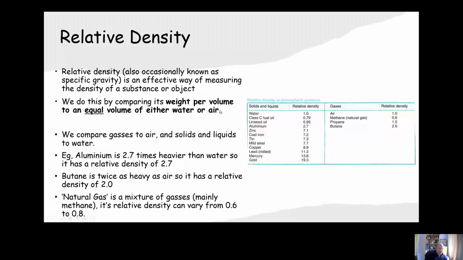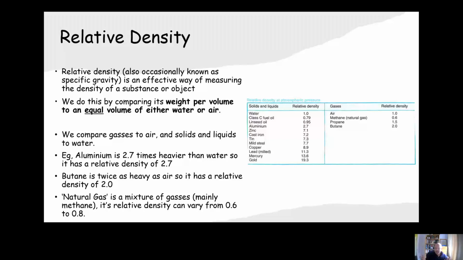If, for example, we had 1 meter cubed of air and 1 meter cubed of butane, you'd find that the butane would weigh twice as much as the air. So that would have a relative density of 2, because it's twice as heavy as the air.